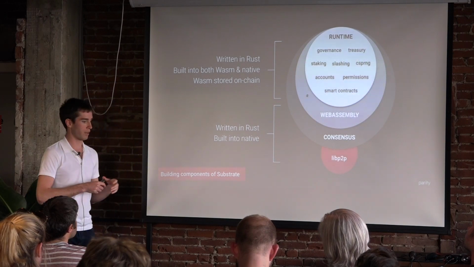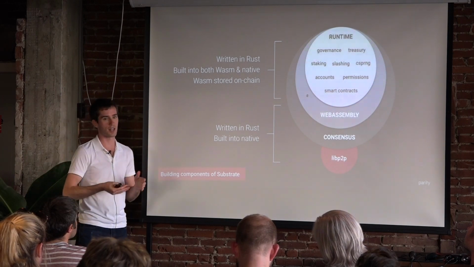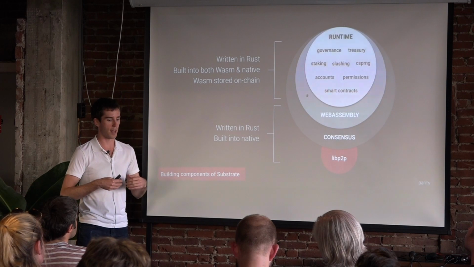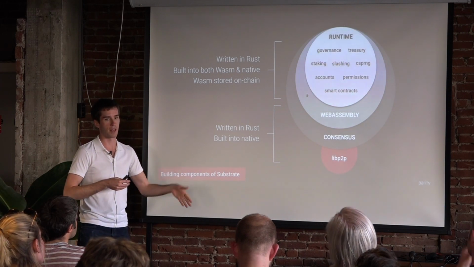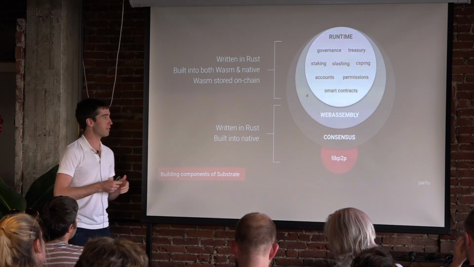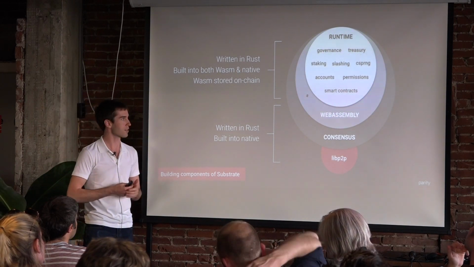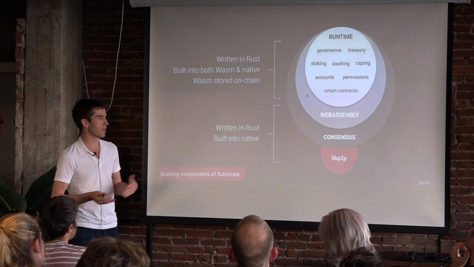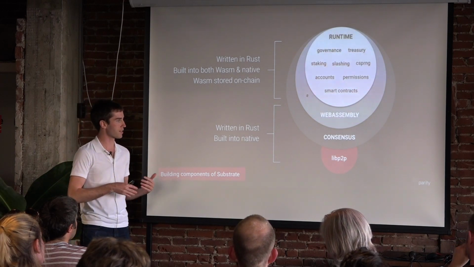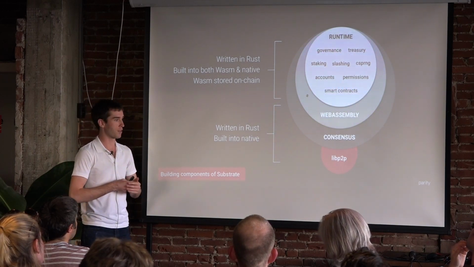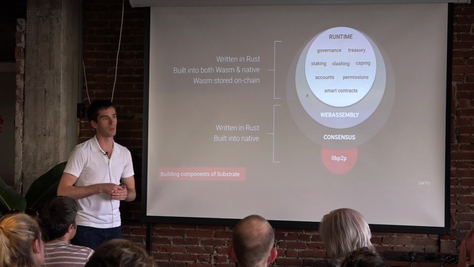When a node executes a block, it checks the version of my client versus the version of the binary in the chain. If they're the same, it'll execute the native client because that's faster than running an interpreter. But if the binary on chain is a higher version number, then it's going to run that, and that lets you do on-chain upgrades.